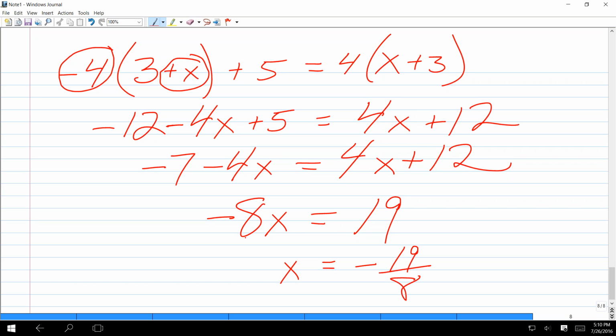What I'm doing is dividing both sides by negative 8. I'm always trying to get the side with the variable down to just x, so whatever's operating on it, I have to get rid of that negative 8. When I divide both sides by negative 8, I get 19 divided by negative 8, which is negative 19/8.